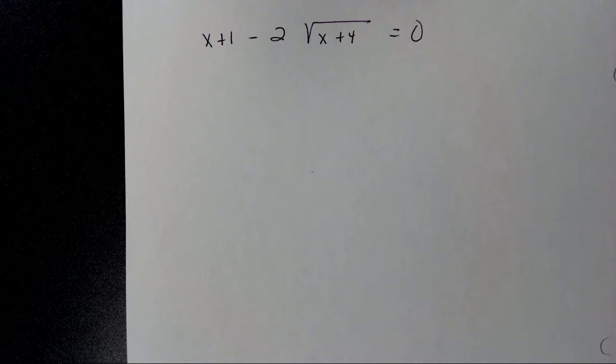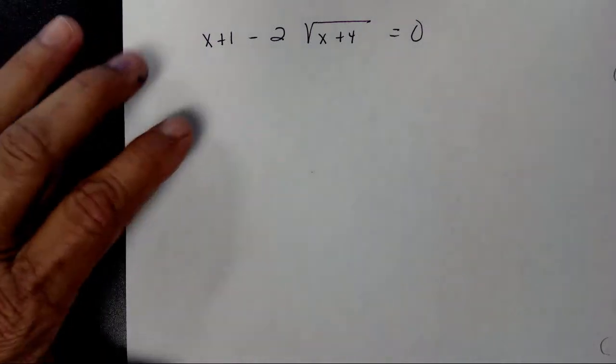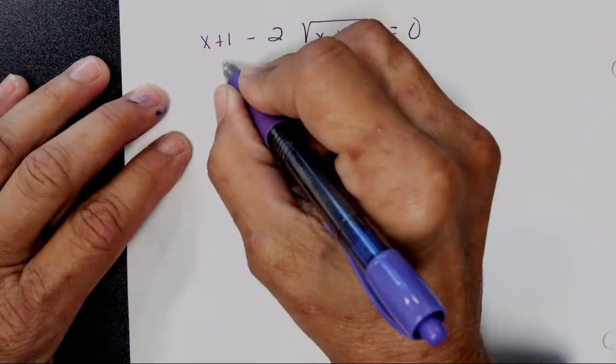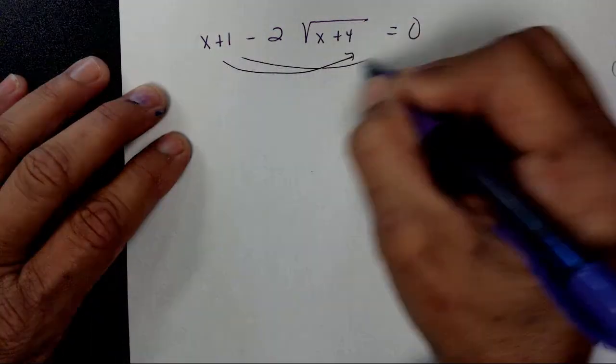Because it's already set equal to 0, so have we already accomplished step 1, or is it a different step for square root? What's usually the first thing we do or try to do in order to solve a square root equation? Isolate the square root. Not set it equal to 0, but get the square root by itself. So I need to move that x over, move that 1 over.